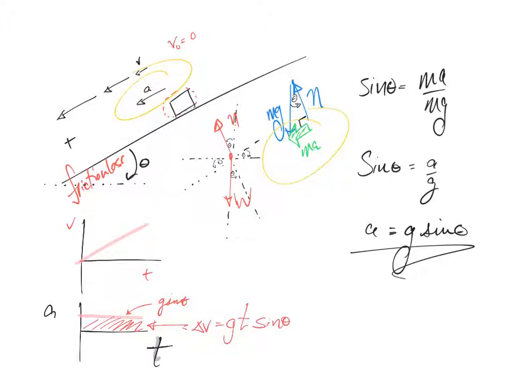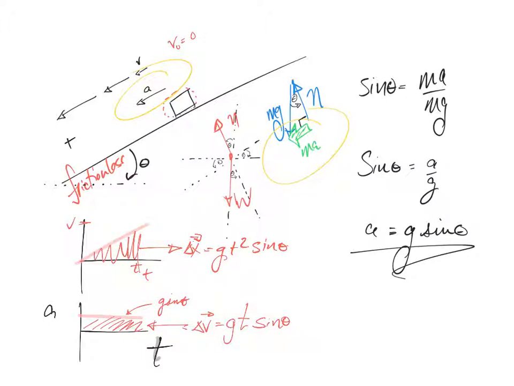So the height of this triangle at time t is our change in velocity, so our displacement would be g t squared sine theta.